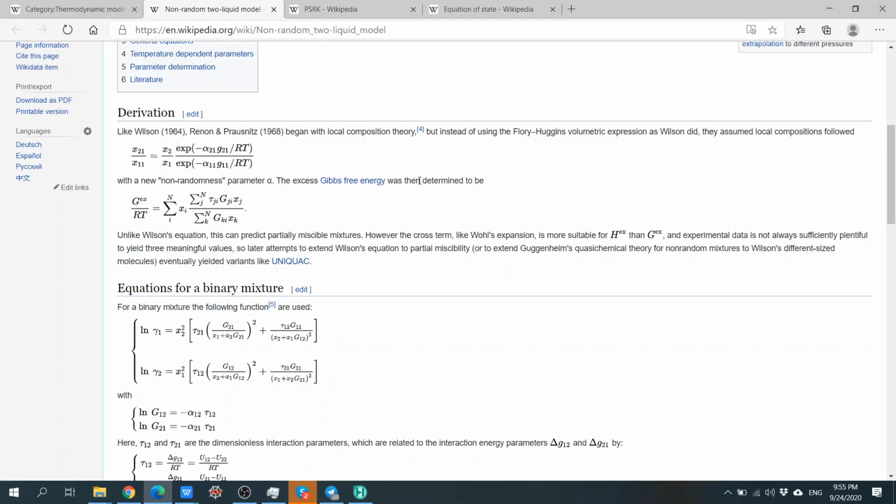So we prefer to use these models based on activity coefficients, because they can approximate the situation much better compared to the equation of state.